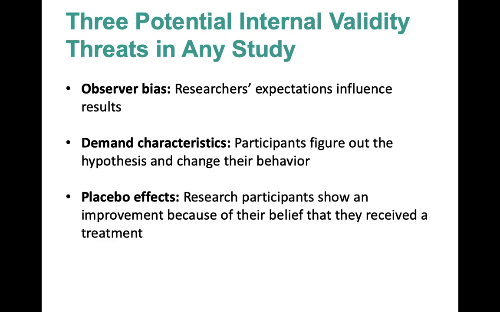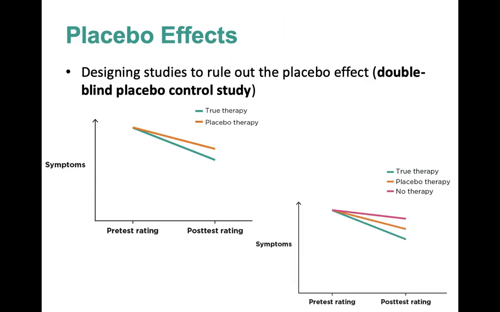All right, and then finally let's talk about placebo effects. Placebo effects happen when a research participant shows improvement because of their belief that they've received a treatment. So the improvement happens not because they actually get some drug or some substance or an effective treatment, but just because they think they do.